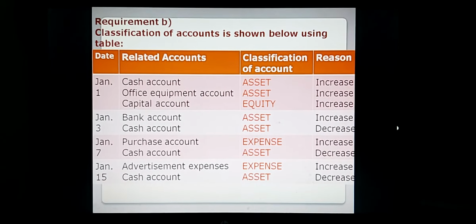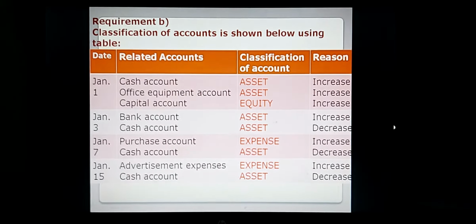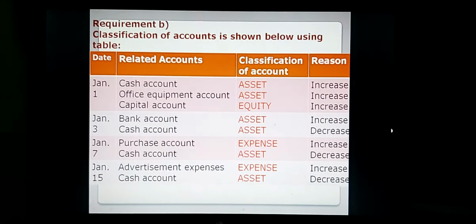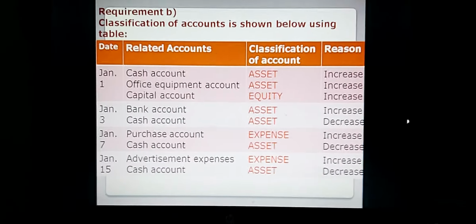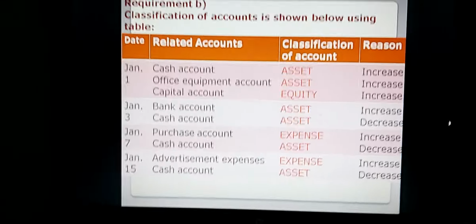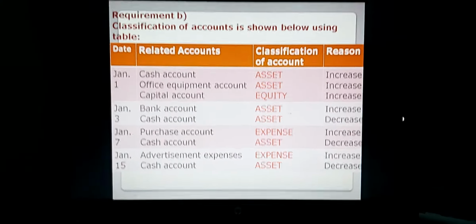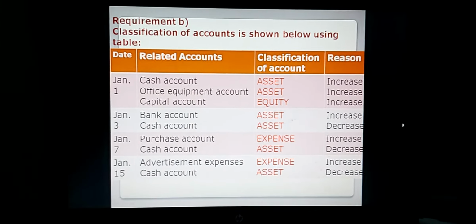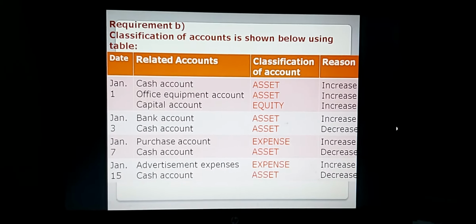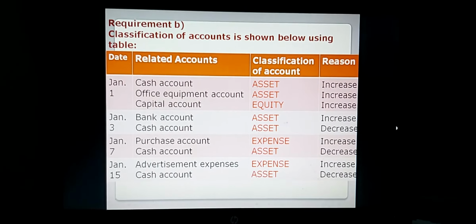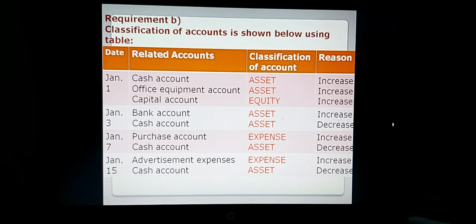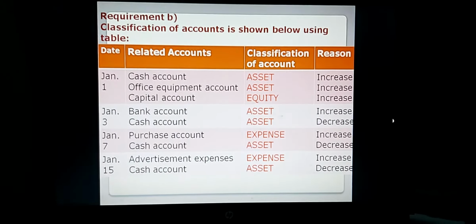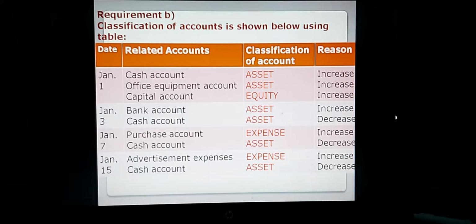Now, how to classify it? Classification of account, cash. We have already seen that in the lecture number 1 of chapter number 5, that is account chapter, 5 types of accounts are available in modern format: asset, liability, equity, revenue, expense.